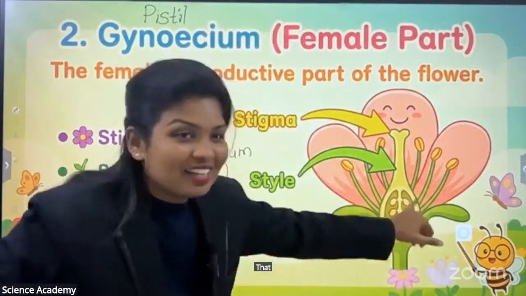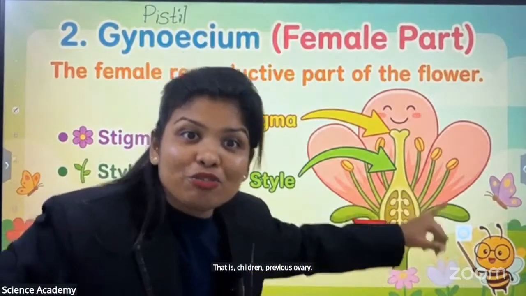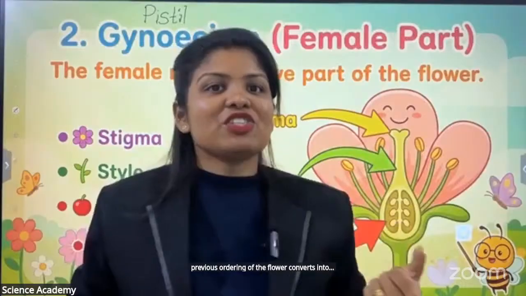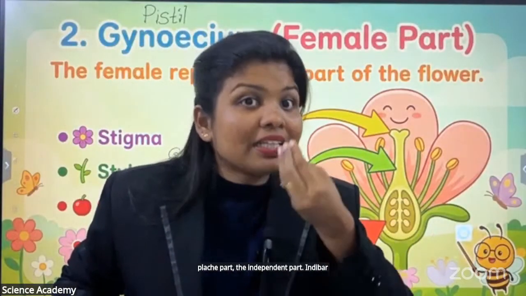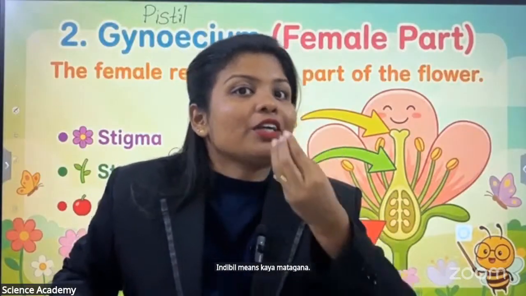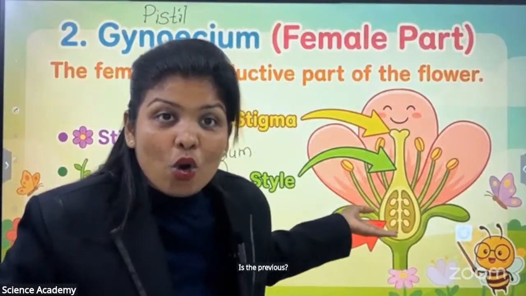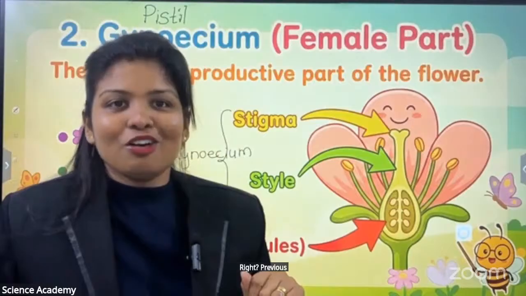That is, children, the previous ovary. The previous ovary of the flower converts into the fleshy part, the edible part. Edible means what we can eat. The edible part of the fruit is the previous ovary of the flower.